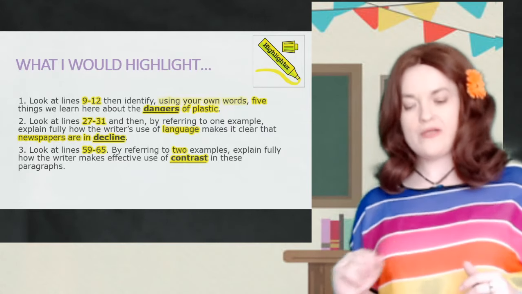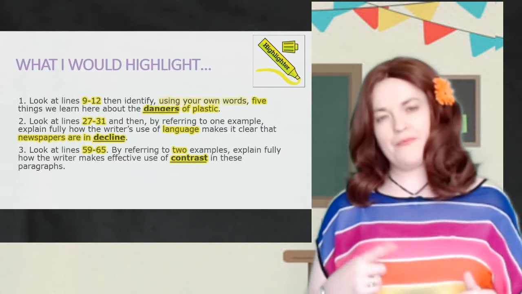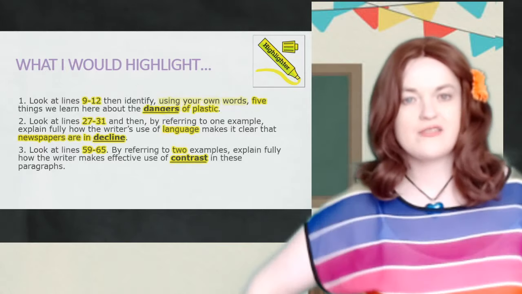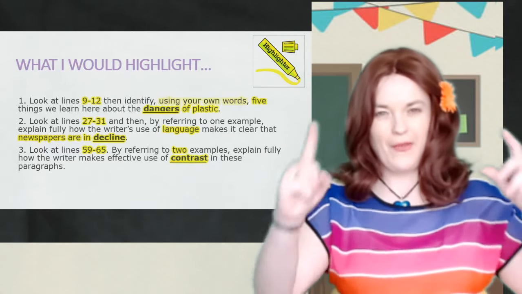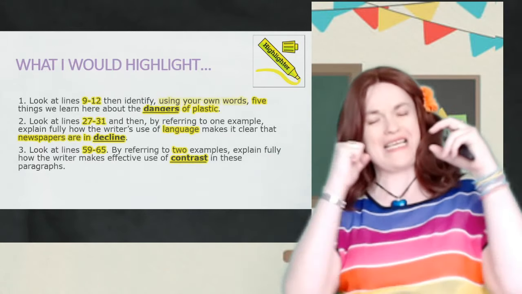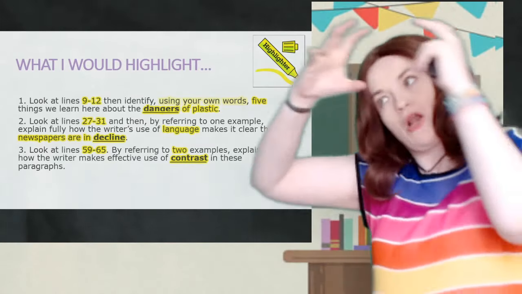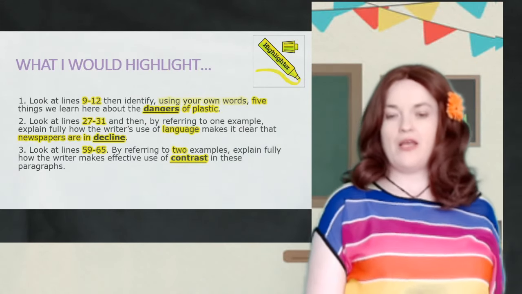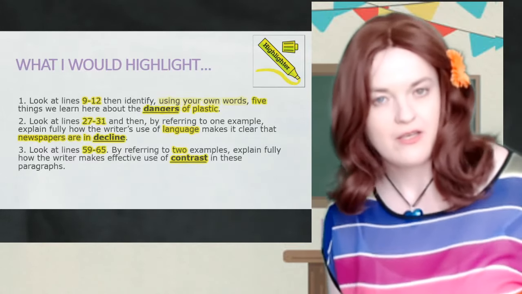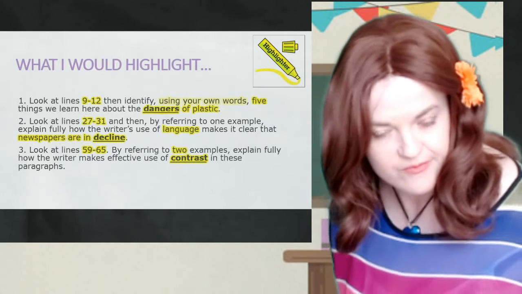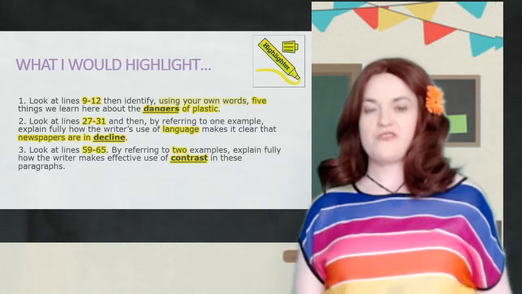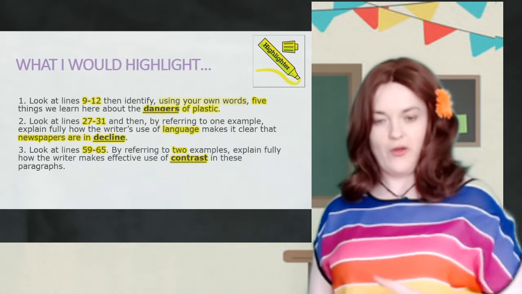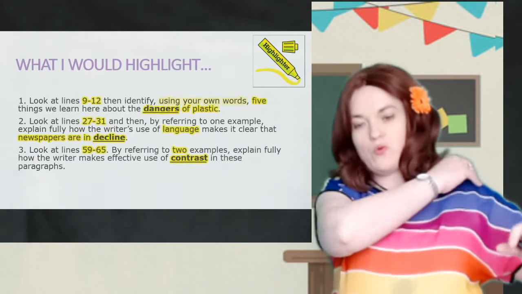As well as highlighting the keywords of the question, I always say to my kids to circle the one key word. What is the key idea that I'm now looking for in the passage? And the key word here is dangers. What are the dangers of plastic? So that's why I've underlined it and made it bold.